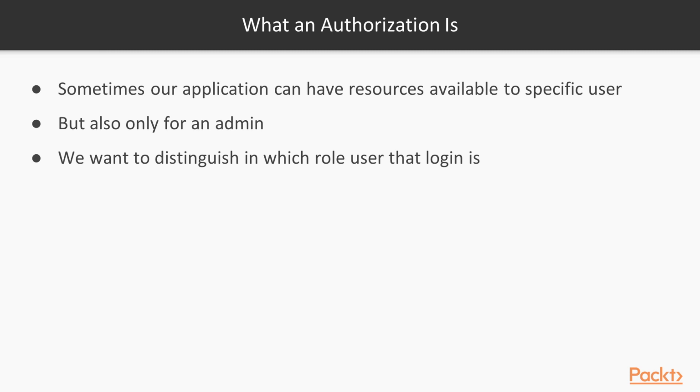One user that logged into our application can be a normal user, so he will be in the role user, and another user could be an admin. So it will be the role admin, a more complex and more advanced role, so he can access a lot more things. But to achieve that, we need to perform authorization in our app.